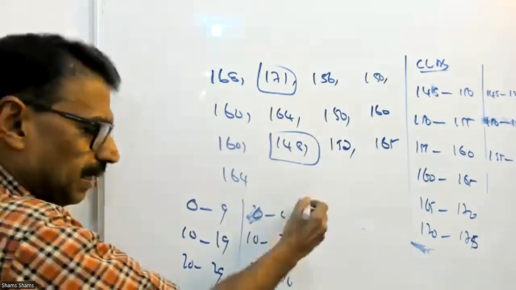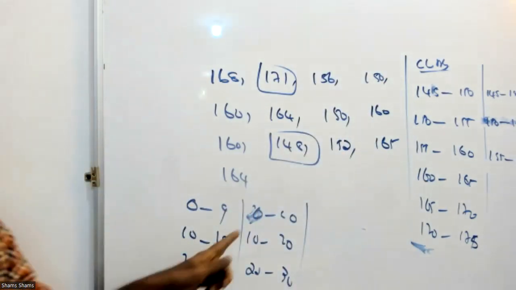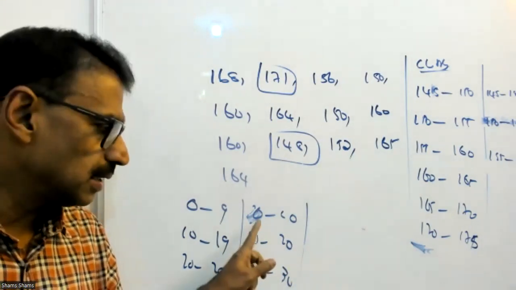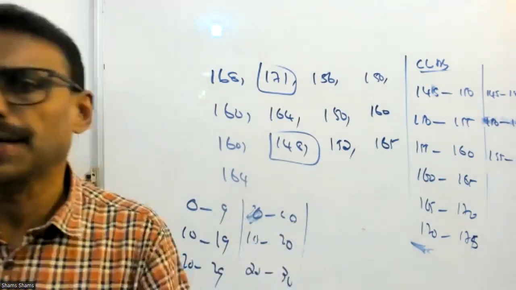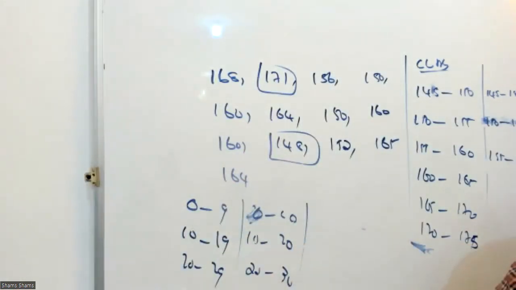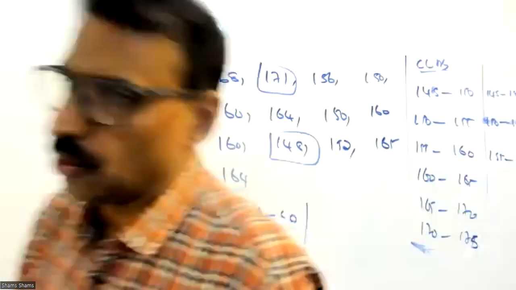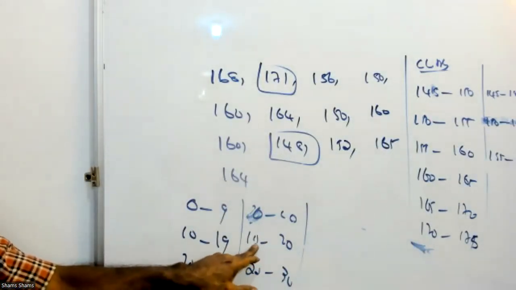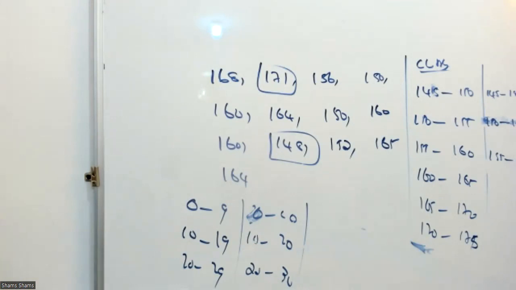Here in 0 to 10, 10 is not included. 10 is included in the next one, 10 to 20. Clear or not?